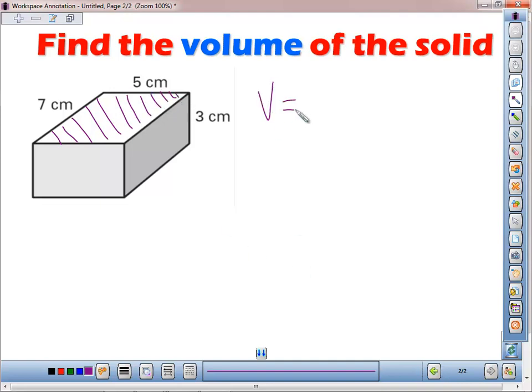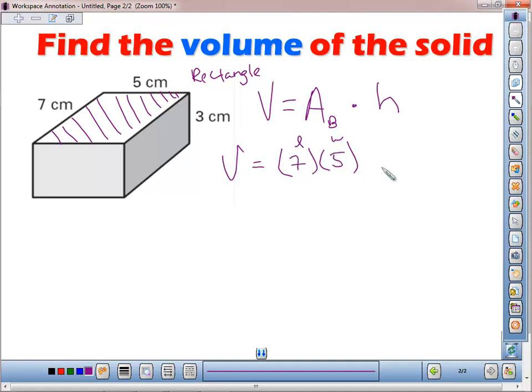So the volume formula for this one is what? Area of the base times the height. And what is the base? It's a rectangle. So what formula will I use? Length times width, right? So what is the length and width of what I'm going to be using as the base? It is 7 by 5. Okay, then I'm going to multiply by the height of this thing.